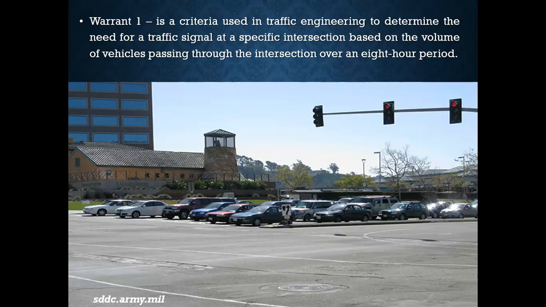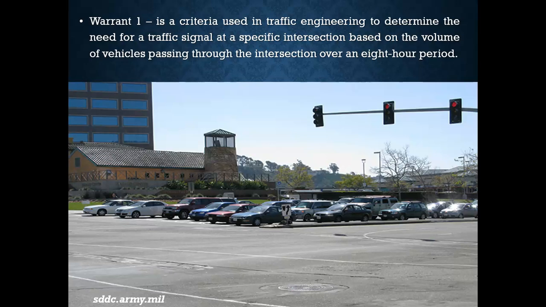This is to ensure that traffic signals are installed at locations with a sufficient volume of traffic to justify the installation. You cannot expect the same on a particular highway where we have, for example, over 3,000 vehicles monitored over an 8-hour period, compared to a highway where we have maybe 500 vehicles plying the road over an 8-hour period.